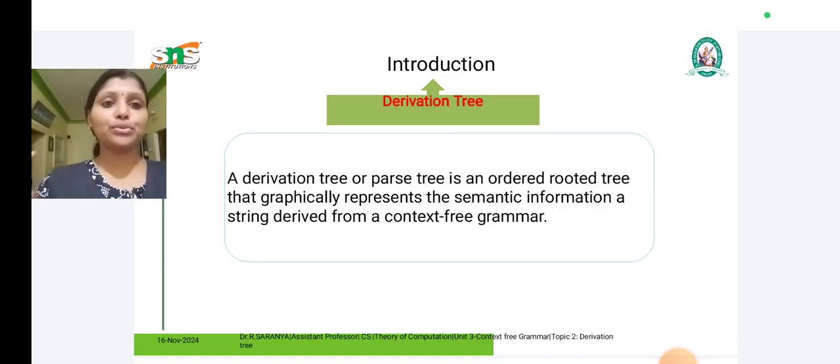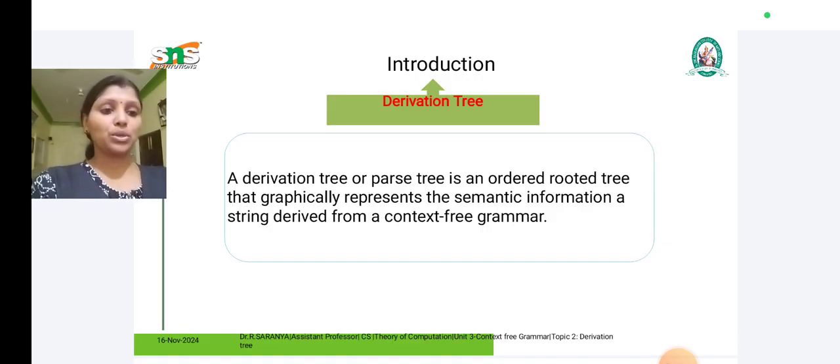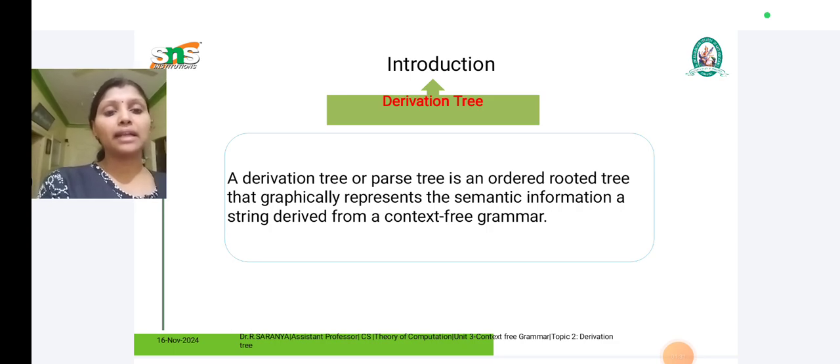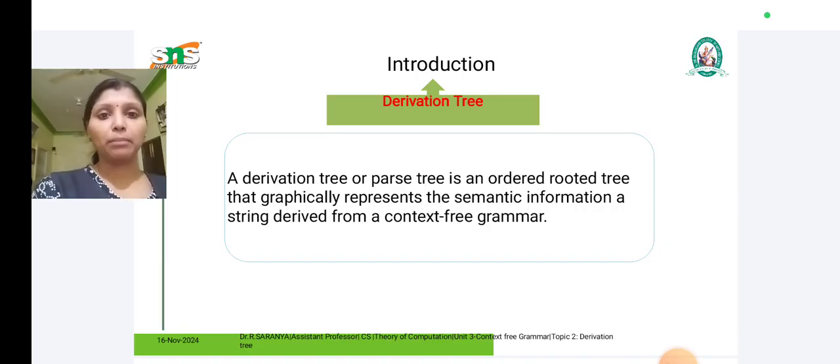Derivation tree we used to call as the graphical representation of some kind of the techniques. Another term we used to call it is a parse tree. The parse tree is an ordered rooted tree that graphically represents the semantic information of a string derived from a context-free grammar.